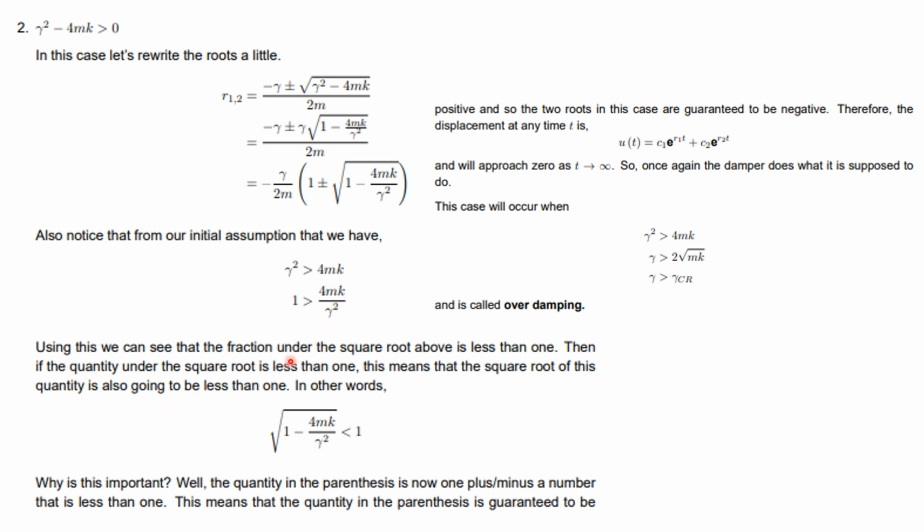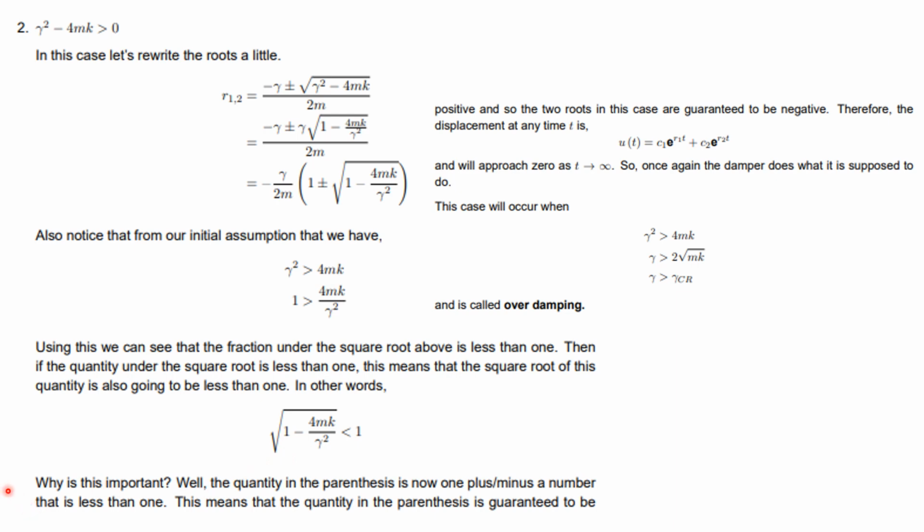So you can see that the fraction under the square root is positive and less than 1, so what is under the square root is less than 1, and if the quantity under the square root is less than 1, that means that the square root of it is also less than 1.